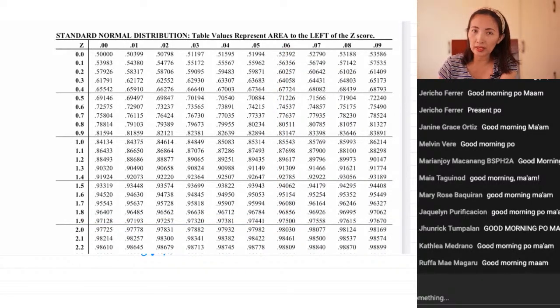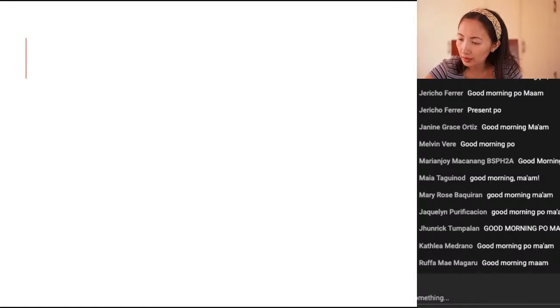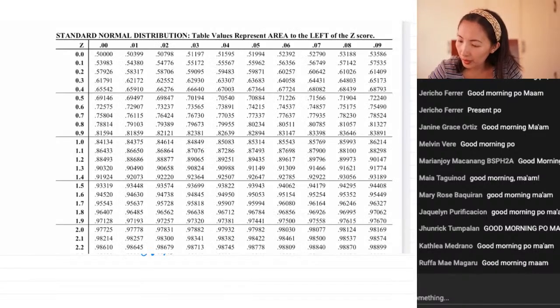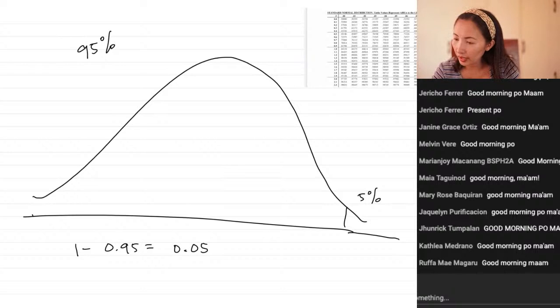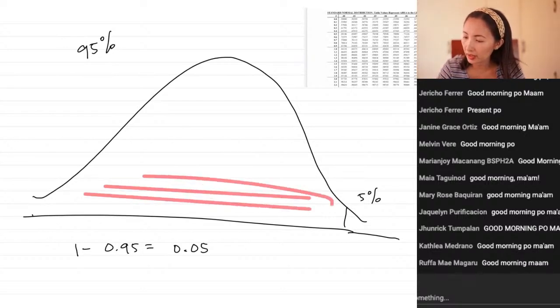That's where 1.96 came from in the formula. Once more, how did we get 0.975? This is the area to the left from here. This area is 0.975.